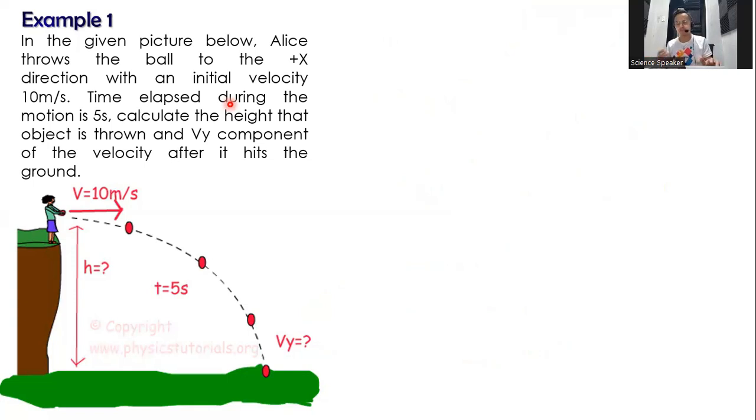We can simply use the formula v sub fy is equal to v sub iy plus g t. In this case, we don't have the value of the initial velocity because the initial velocity started here, and as we solved earlier, the y component of the initial velocity is 0. So we can cancel this out.